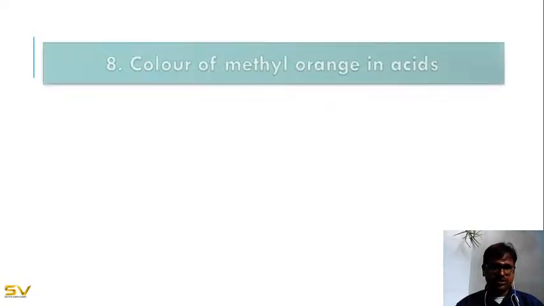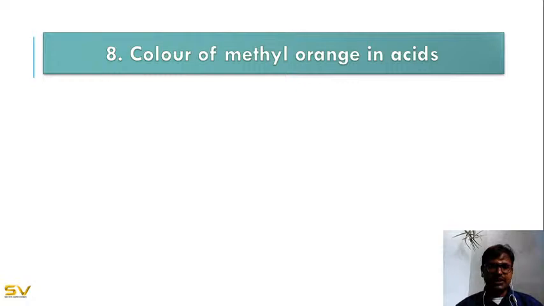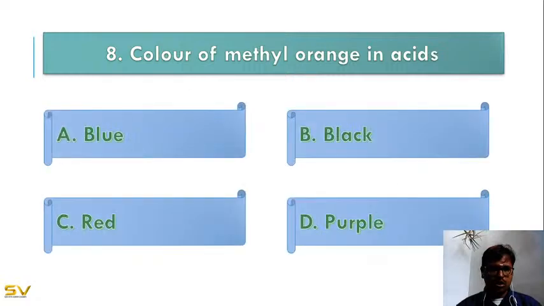Now coming to the next question. Color of methyl orange in acids. What is the color of methyl orange when it is poured in acids? Your options are option A blue, option B black, option C red, and option D purple.